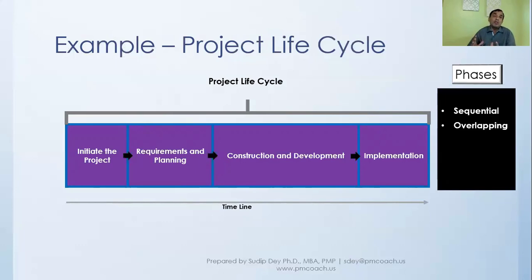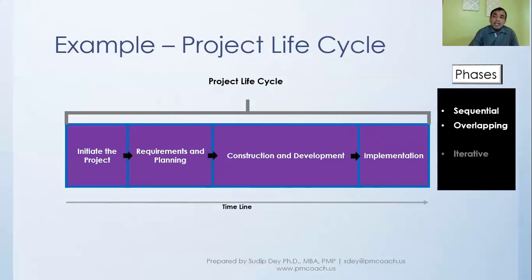After around 80% of the construction work is done, even though it is not finished, you can start with the landscaping. So there is an overlap between the first phase and the second phase. In such a case, we say the project life cycle has overlapping phases.